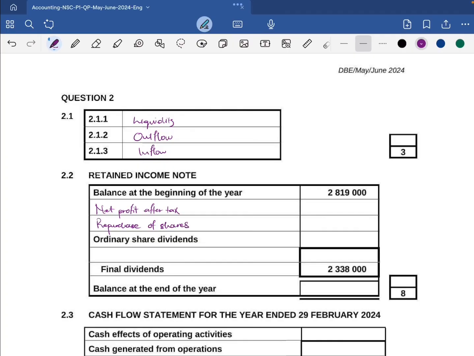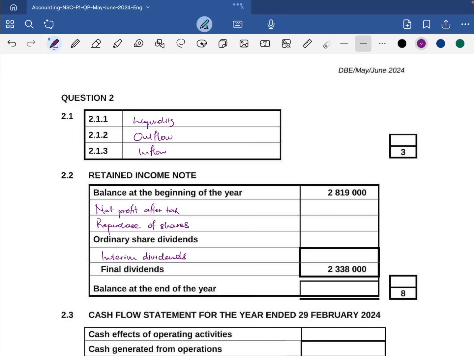And lastly, you know that we have two types of dividends. We can either issue dividends mid-year, which we call our interim dividends, or we could declare dividends at the end of the year, which is our final dividends. Dividends are not issued but they're declared.